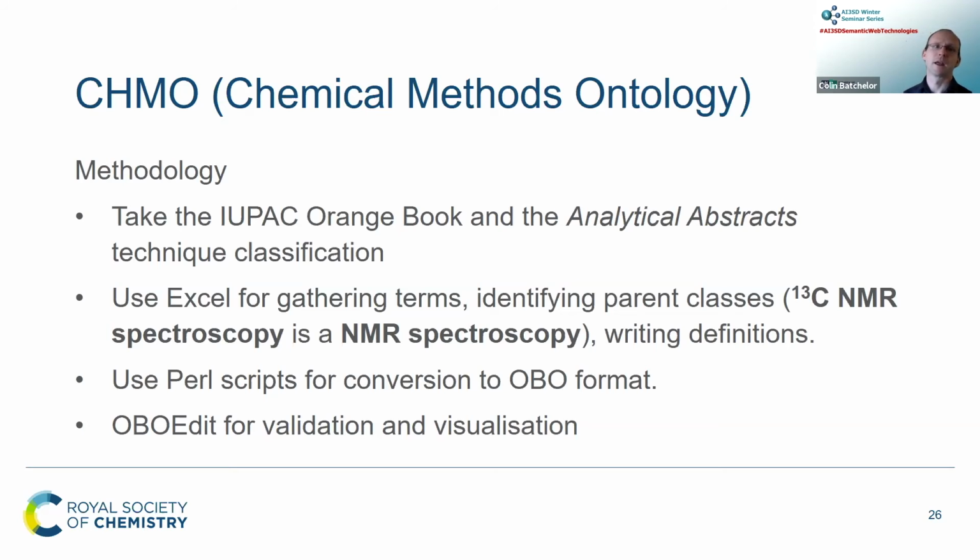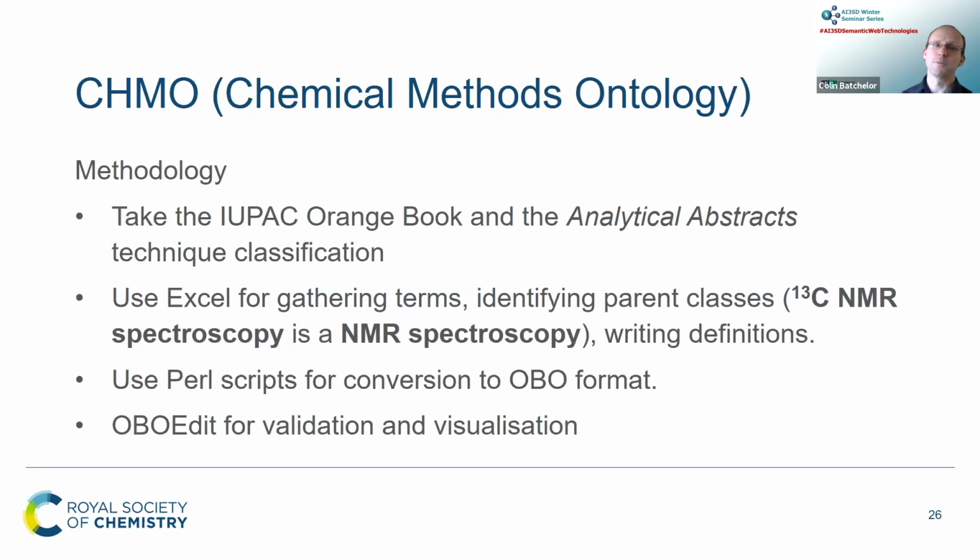Technical editors used Excel to gather things, I used Perl because it was 2006 and we didn't really have Python in those days, to convert it to OBO format. That's a somewhat more human readable way of representing ontologies that's round trippable to OWL, which Sally mentioned.